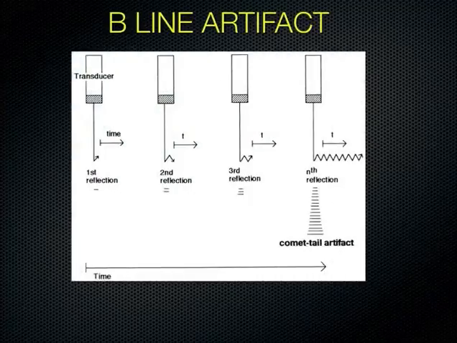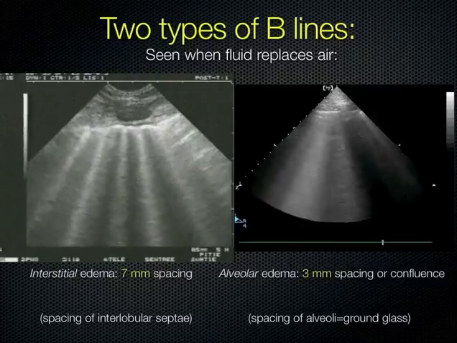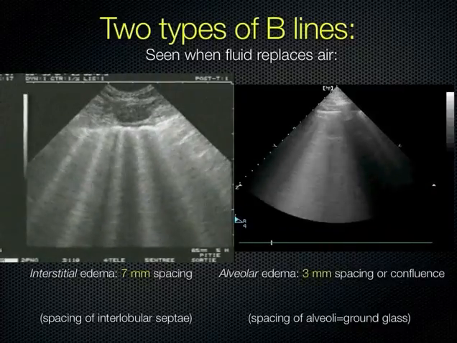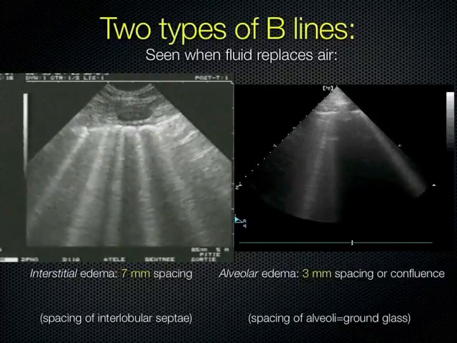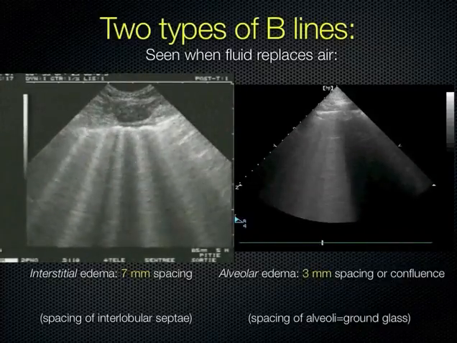You'll see two different types or natures of B lines. One is the more gross appearance, which is what you're seeing on the left there. That is interstitial edema. Generally, that's fluid that's in the interlobular septae, but maybe not in the alveoli yet, but still it's a fluid that's not normally in the lung. And those tend to be spaced about 7 millimeters apart up at the chest wall.